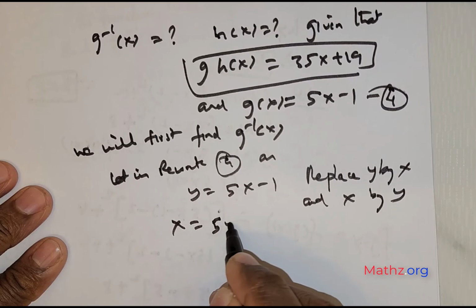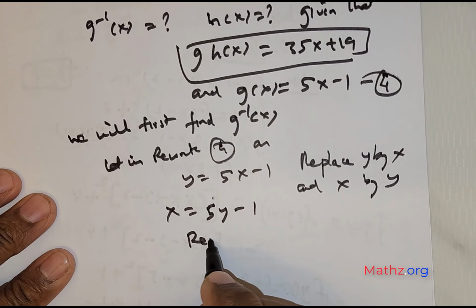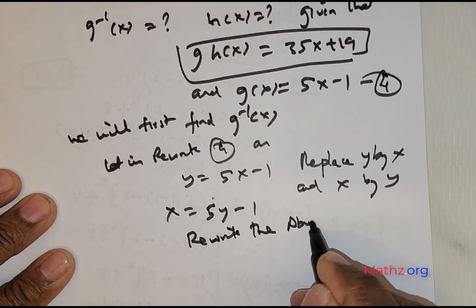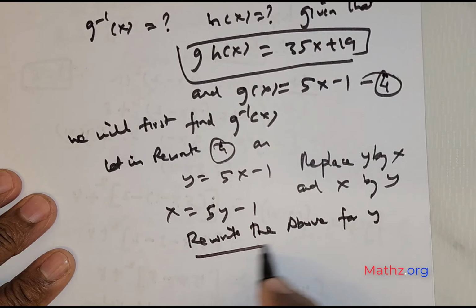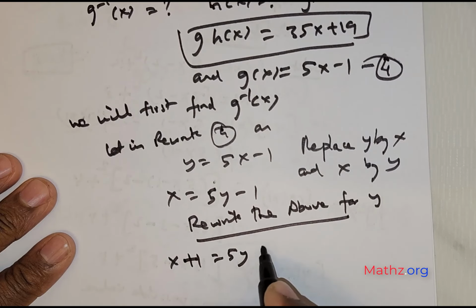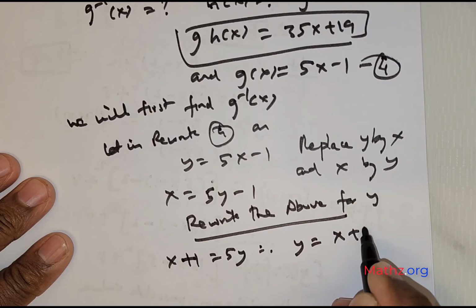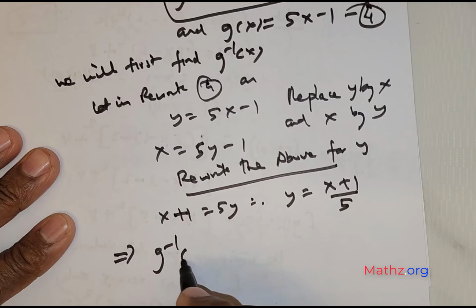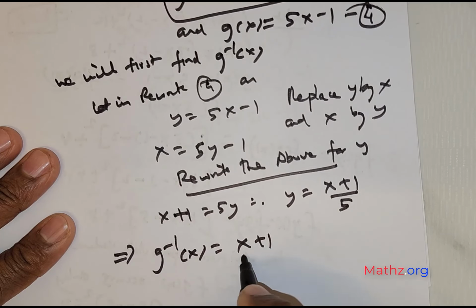So x is equal to 5y - 1. Then you rewrite the above for y. So that's going to be x + 1 is equal to 5y. So therefore y is equal to (x + 1) over 5. So this means my g inverse of x is (x + 1) over 5.